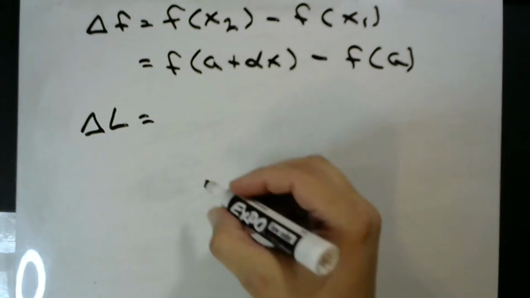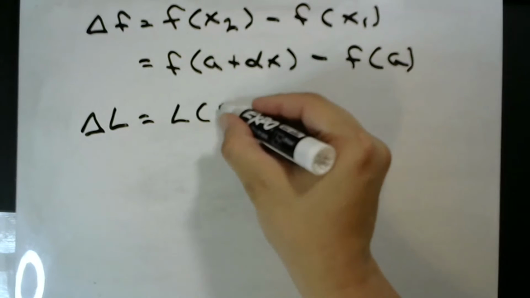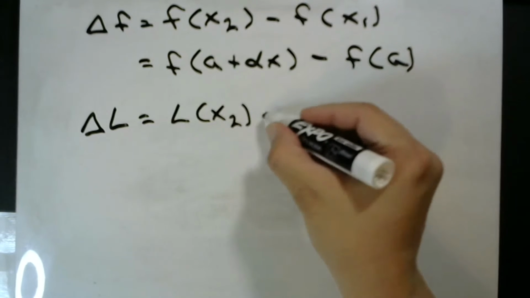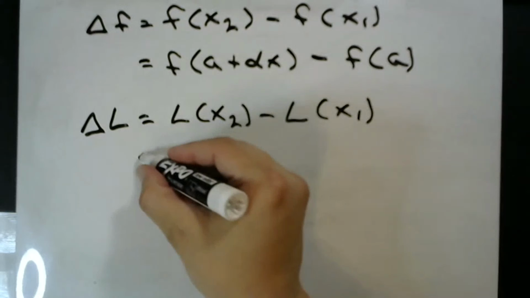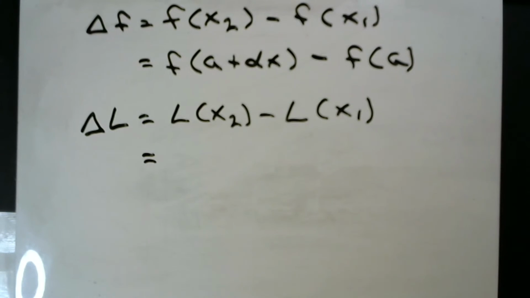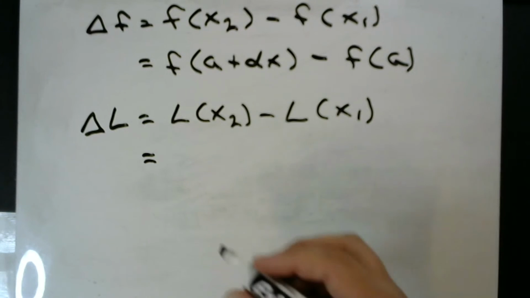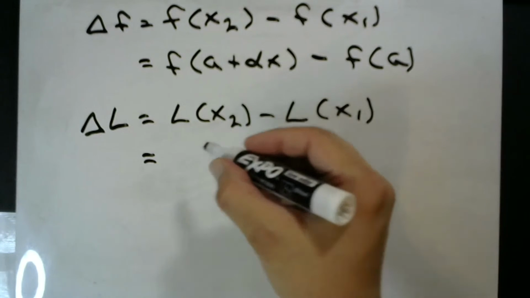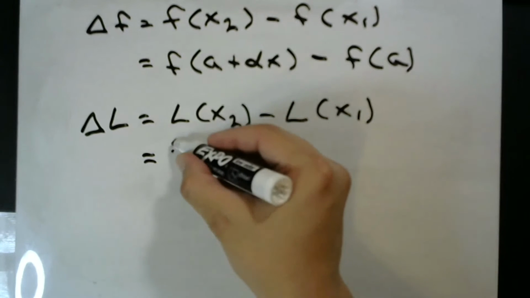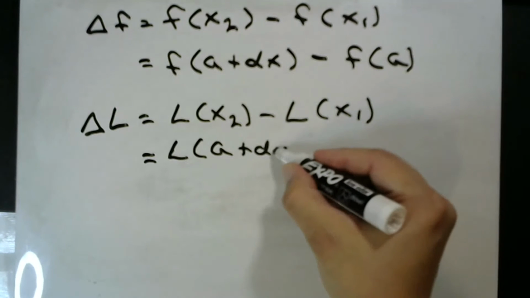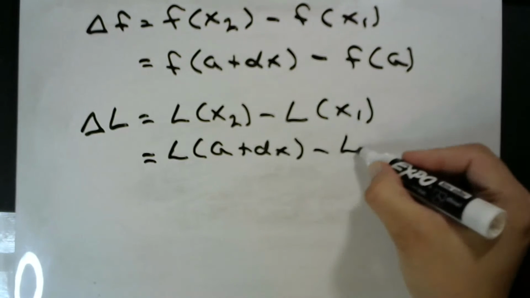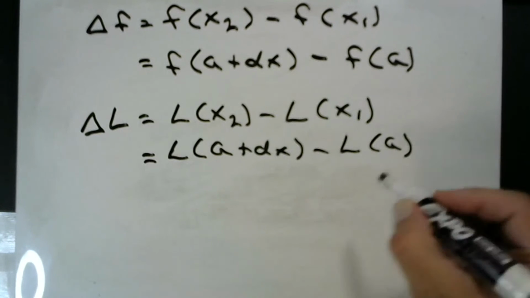So delta L is L of x2 minus L of x1. And what this is going to turn out to be is L of a plus dx minus L of a.